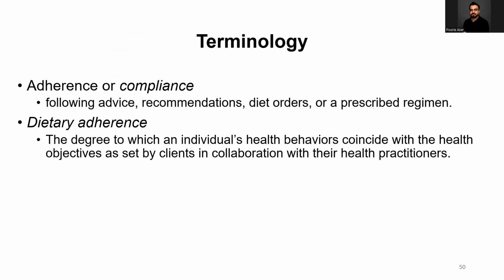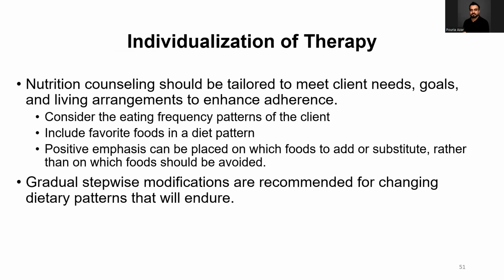Compliance is a little bit of an old word, so these days we use adherence. And dietary adherence is the degree to which an individual's health behaviors coincide with the health objectives as set by clients in collaboration with their health practitioners. That's the definition of dietary adherence.